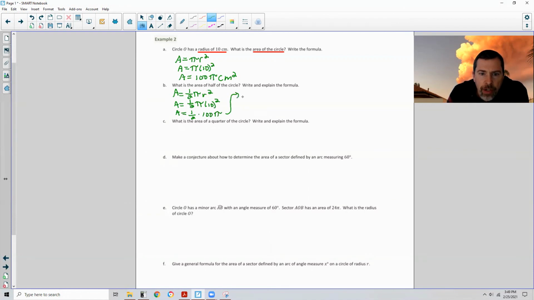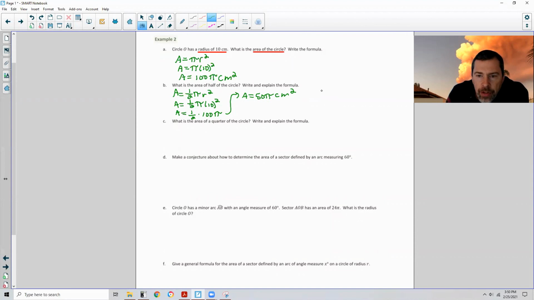And that would simplify to the area equals 50 pi centimeters squared. Okay, so it said to explain the formula. This is the area of the half circle where the radius was 10.